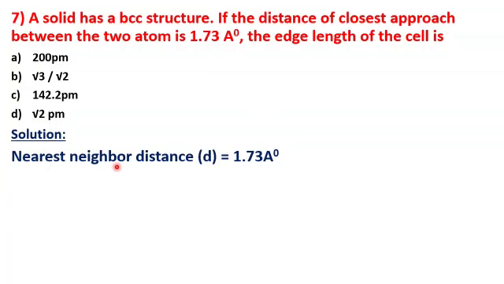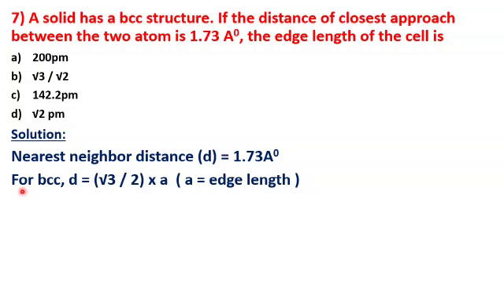So nearest neighbor distance d is equal to 1.73 angstrom. For body centered cubic arrangement, d is equal to root 3 by 2 into a, where a is equal to edge length. So you can rearrange this equation for a.